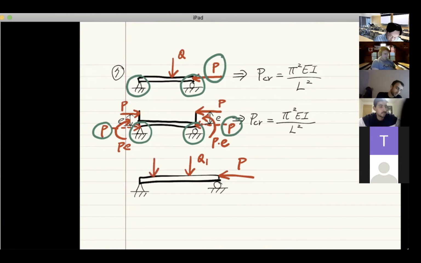Maybe we can add another one, Q2, right? And also let's move the force P to another place. Let's make it to here. Let's consider eccentricity. So your loading force P becomes right here. Now I combine these two. Now please tell me what is the critical load in this case?